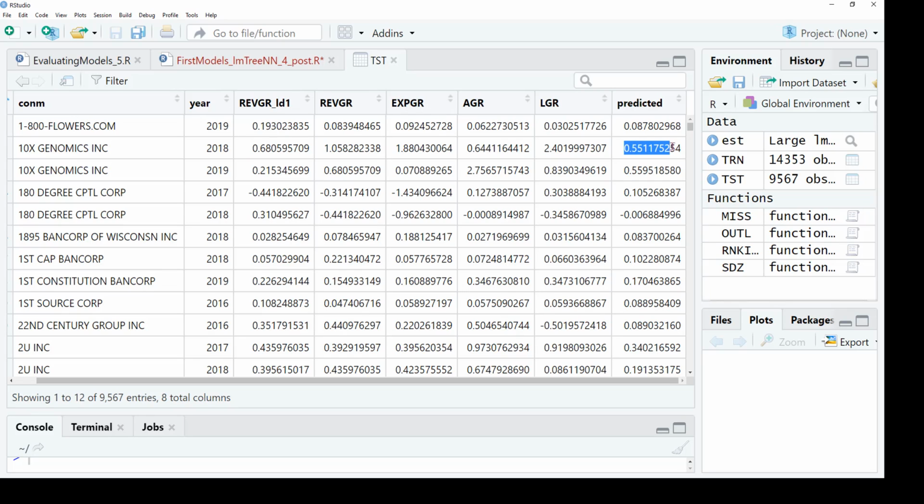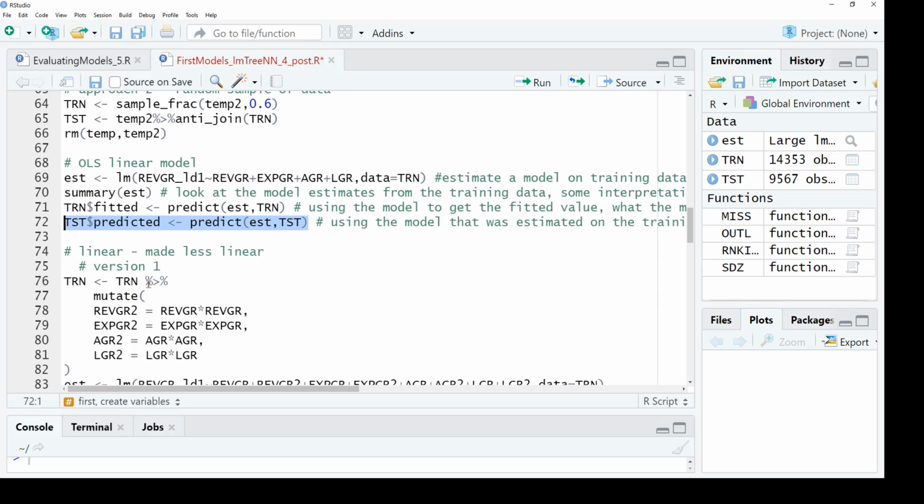The model predicts 55%. So again, not too far off of what it should be. But then to humble us a little bit, the revenue growth here for this 180 Degree, I don't know what that is, but that company was minus 44%. And we had the predicted value of 10%. Yeah, we failed there.